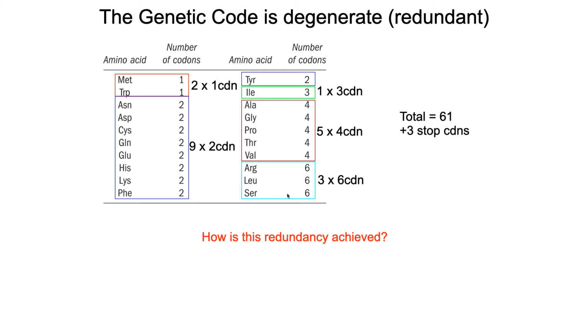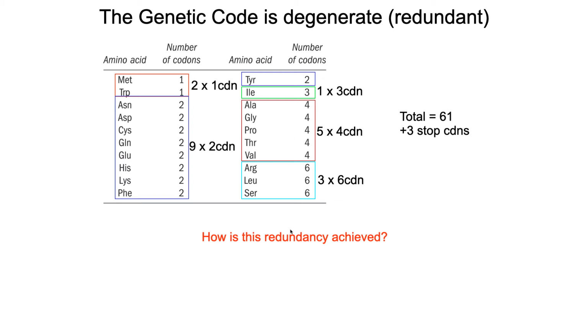Arginine, leucine, serine, all of them are encoded by 6 codons. Methionine and tryptophan are only encoded by one codon, but most of them are encoded by more than one. This is called redundancy or degeneracy. The genetic code is such that there are several amino acids that are encoded by more than one codon.